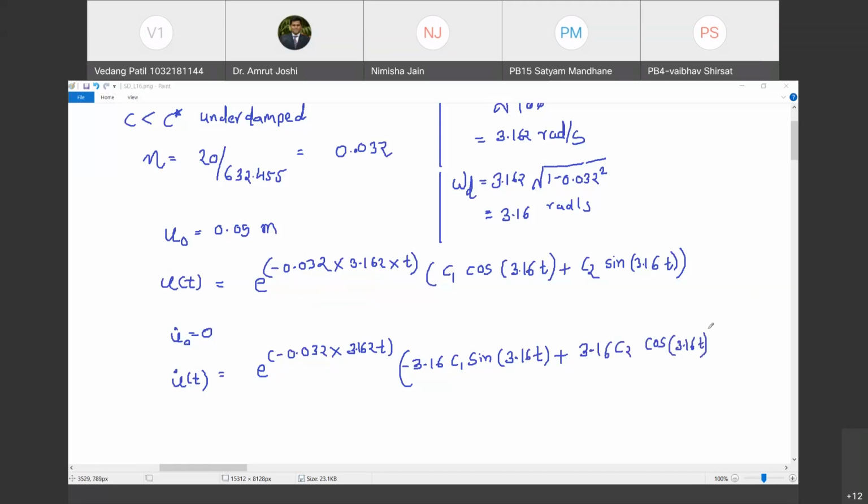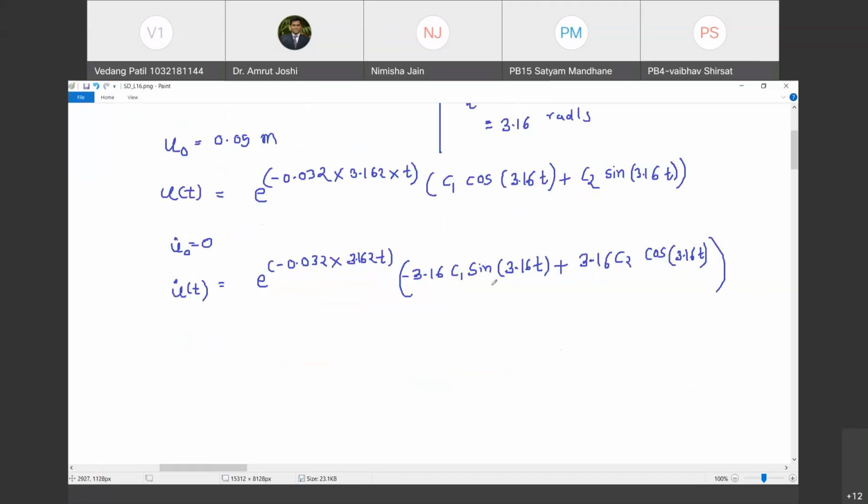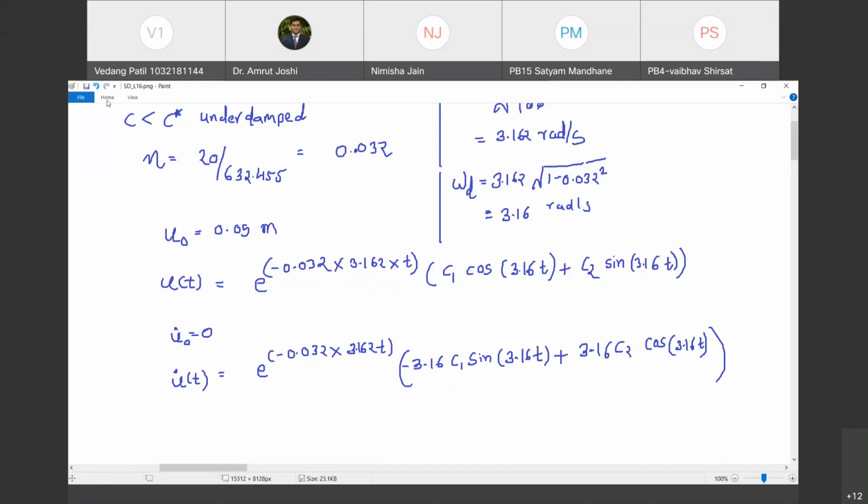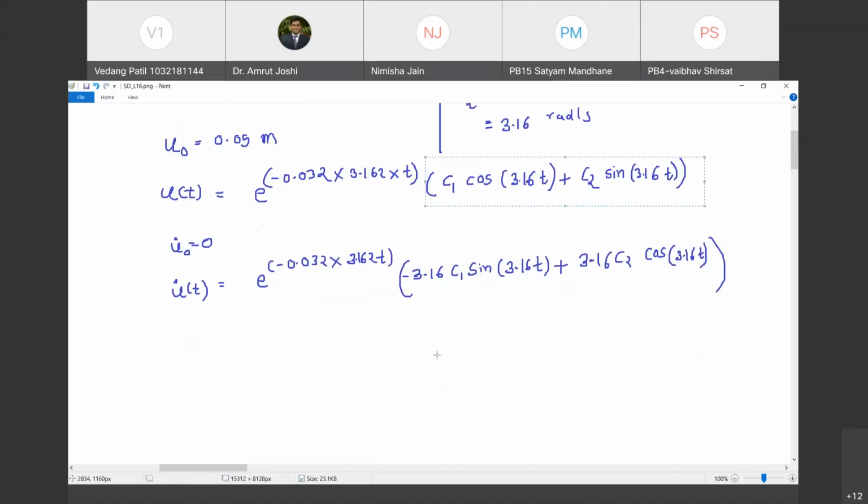That is the first term. Now I am going to keep the inner bracket constant, as it is, and take the derivative of e raised to minus eta omega t. Do you agree with me? Yes, sir. So what is the derivative of e raised to minus eta omega t?